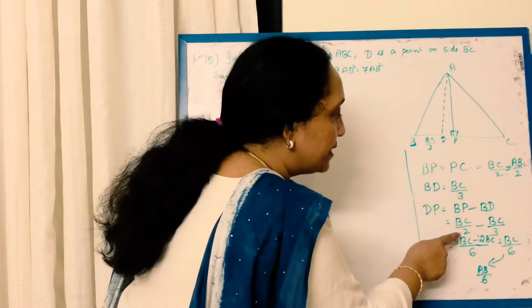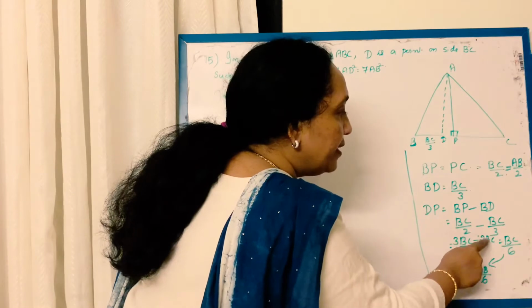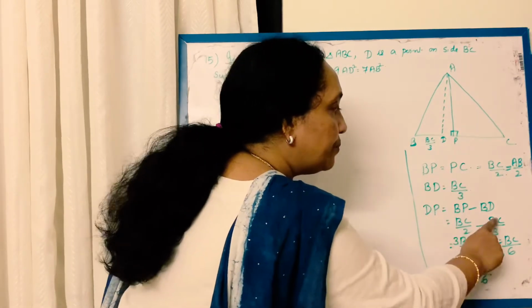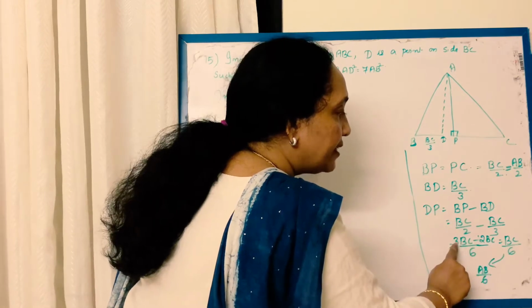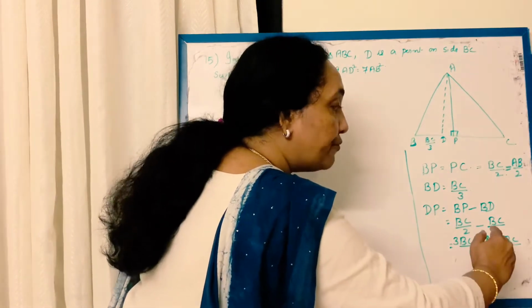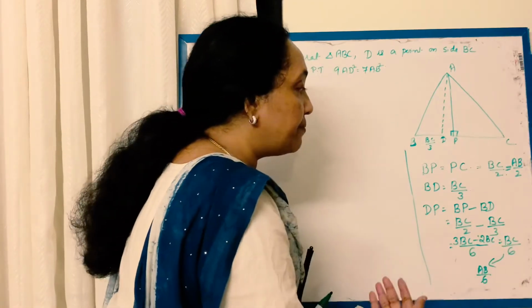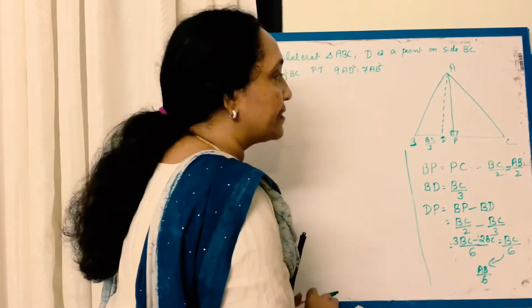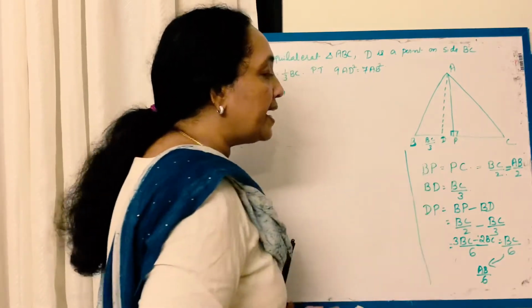That 3 into BC is 3 BC. Then how many times does 3 go in 6? 2 times. That 2 into BC is 2 BC. Then you will get 3 BC minus 2 BC by 6, that means BC by 6. Again I changed that BC in terms of AB. That means BC by 6 means AB by 6. So DP is AB by 6.